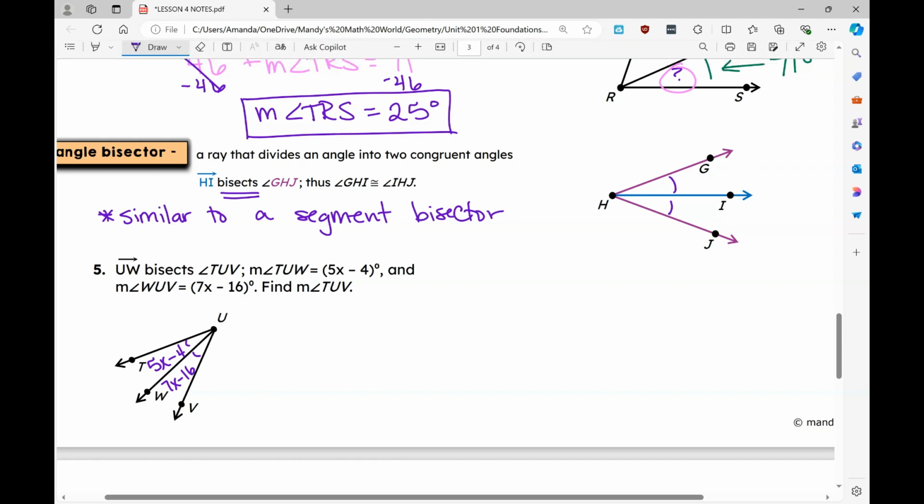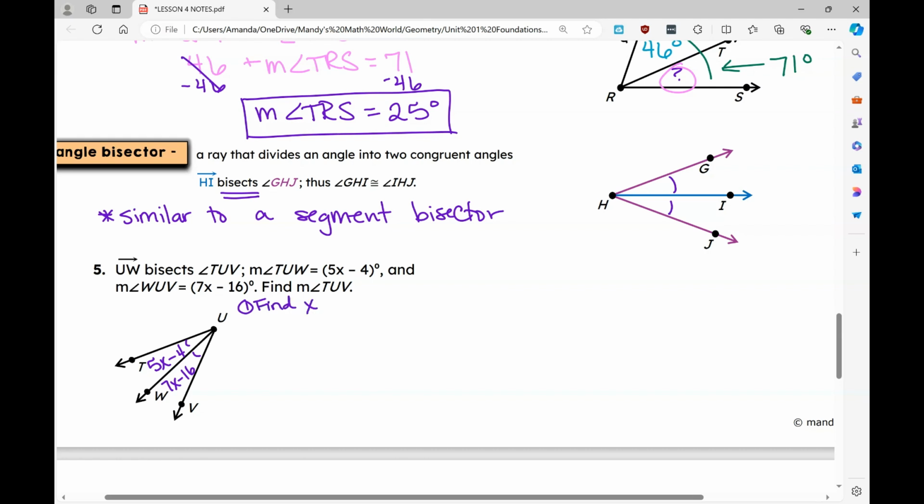Well, the first thing I need to do is find the value of x. So I need to set up some equation that allows me to find the value of x. If these two angles are congruent, then their angle measures must be the same, which means I can set these expressions equal to each other. 5x minus 4 equals 7x minus 16.